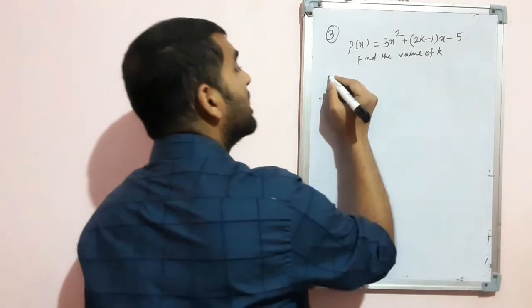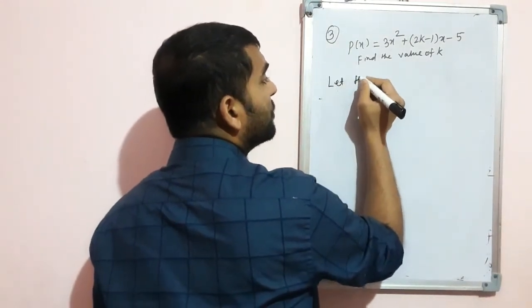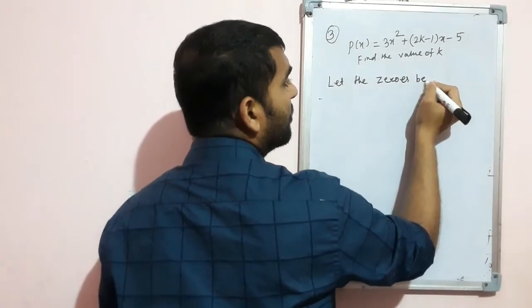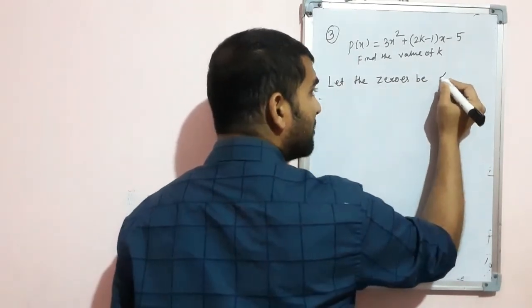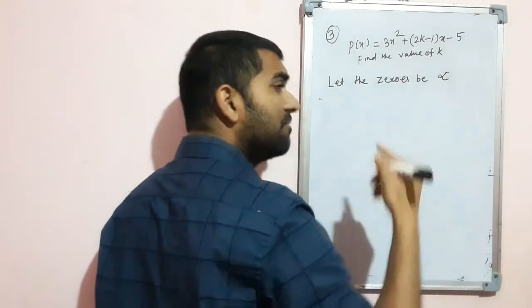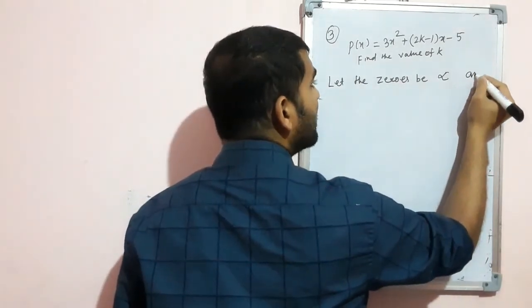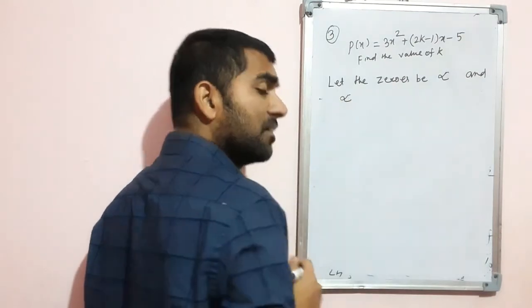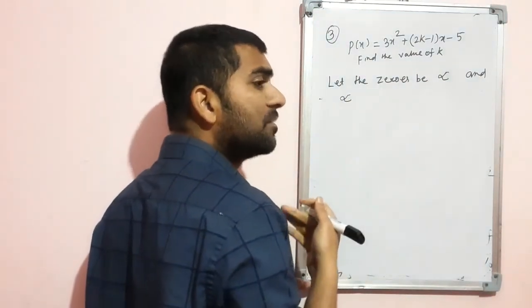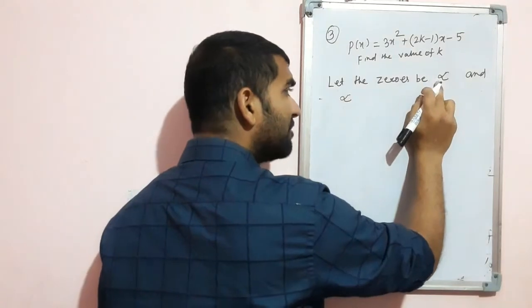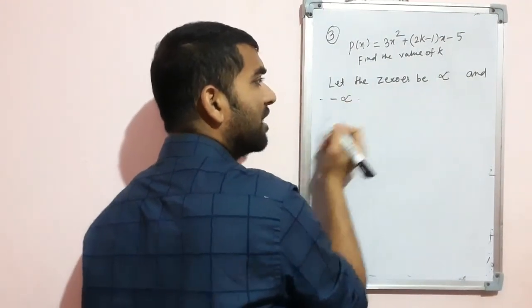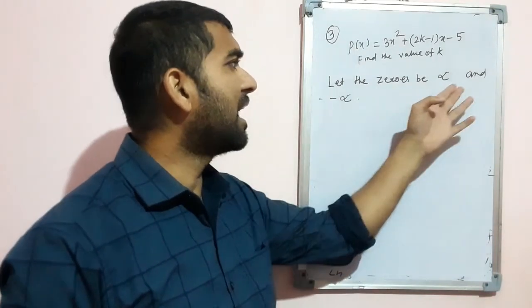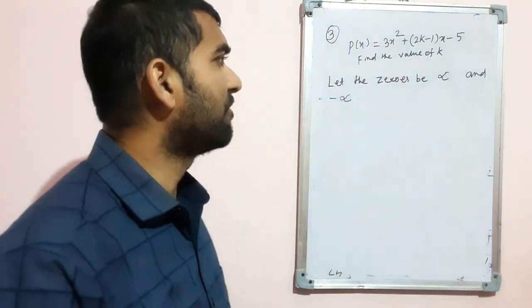Let the two zeros be alpha, same in magnitude, and the other will be alpha but opposite in sign, so one will be plus alpha, other will be minus alpha. So you can write: let the zeros of p(x) be alpha and minus alpha.